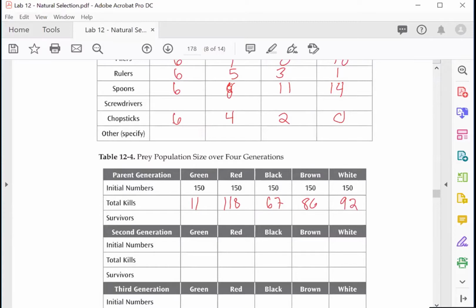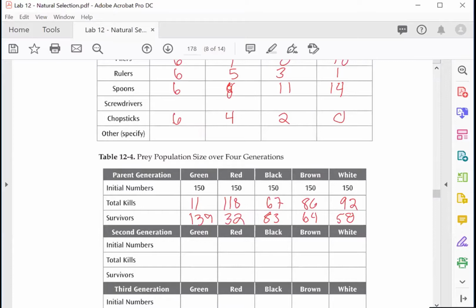So in order to get the number of survivors, we'll subtract the total kills from our initial numbers, and that's 139, 32, 83, 64, and 58. Now to get the initial numbers for our second generation, we're just going to double our number of survivors, or multiply that by 2.